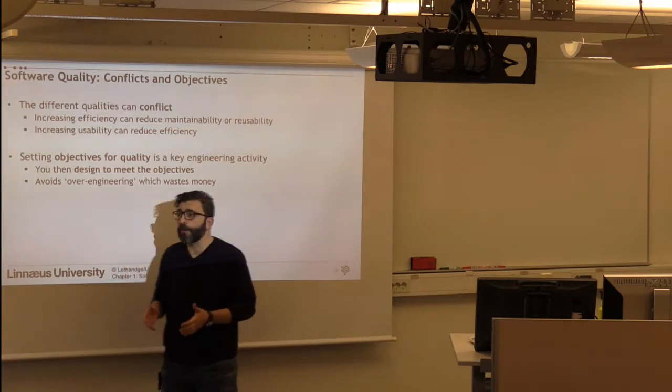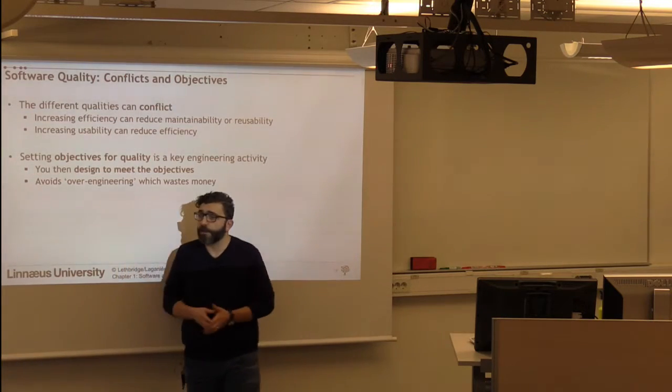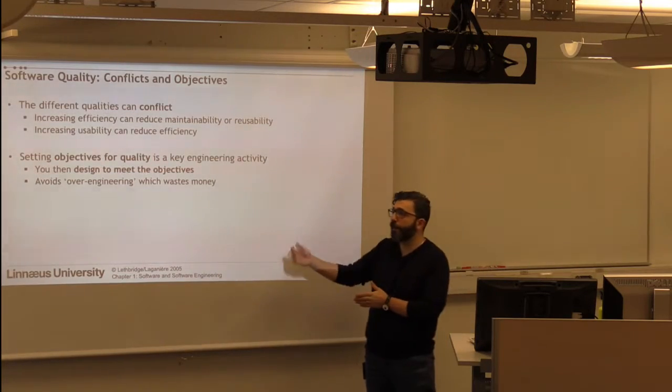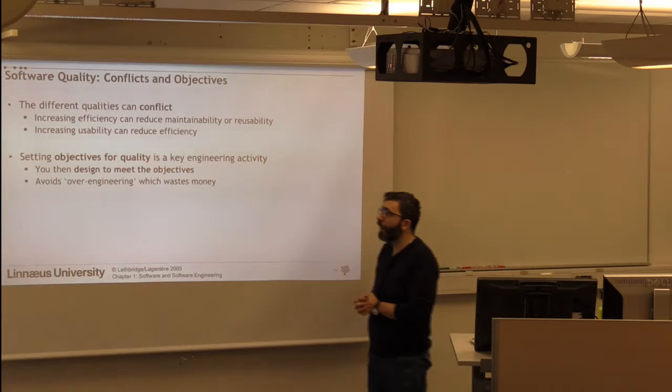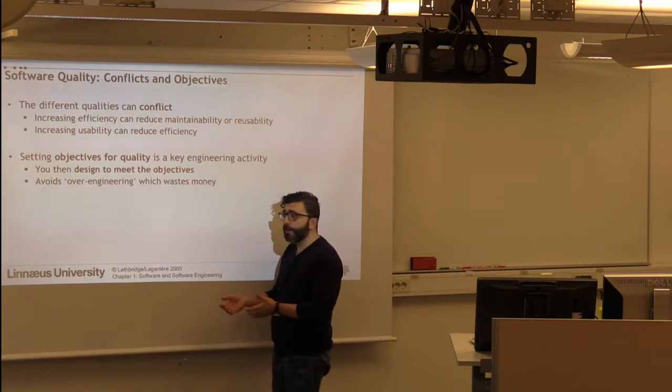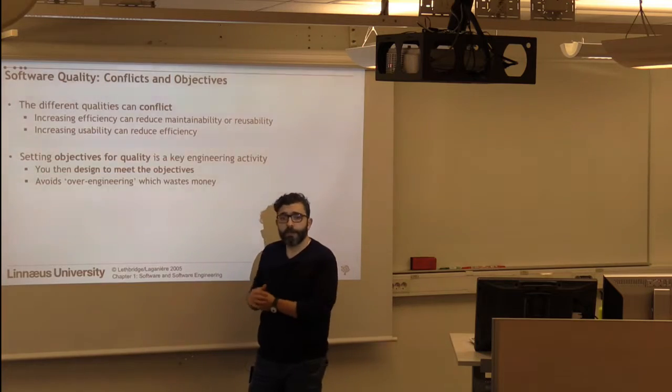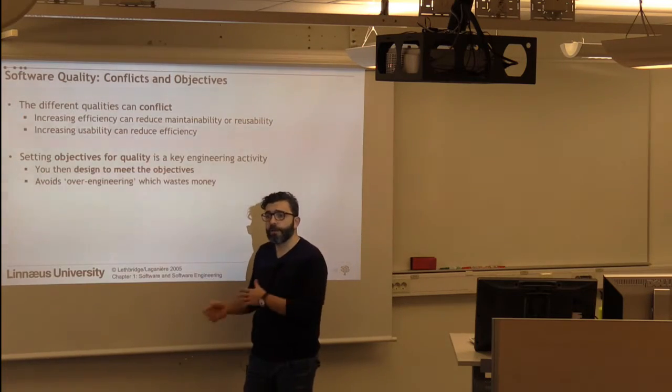Then you really need to specify the objectives for the quality at the beginning of the process, not at the end. Once you have the objectives, then you design to achieve and meet them. It's not the vice versa.